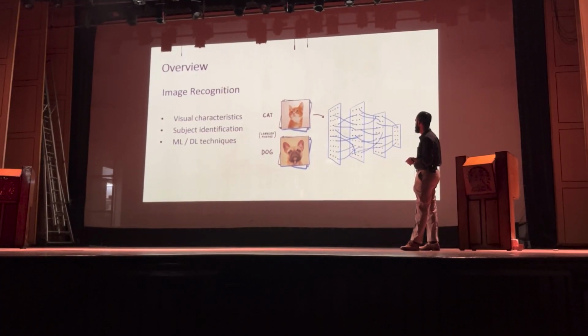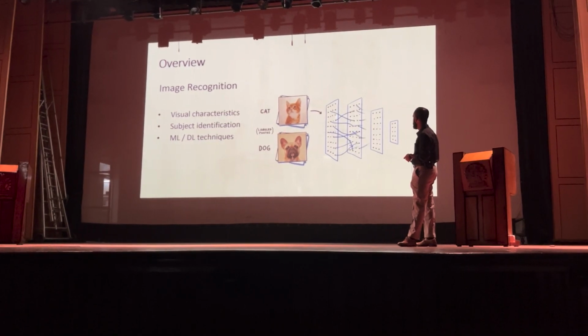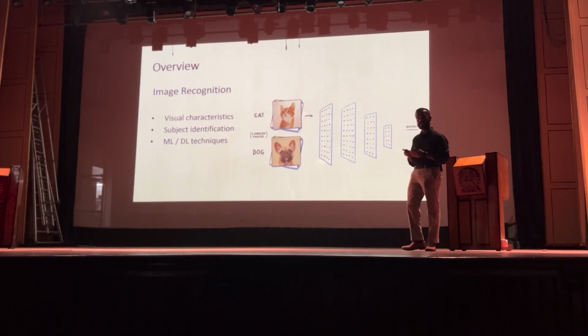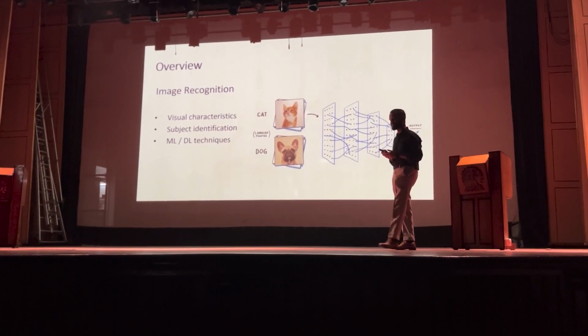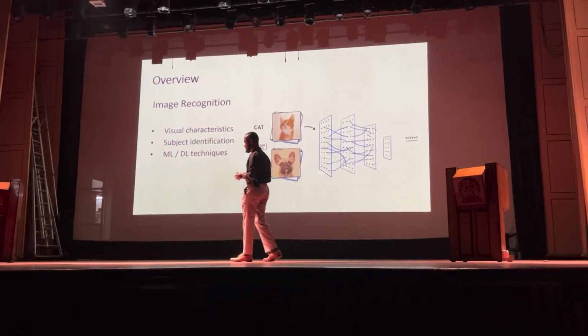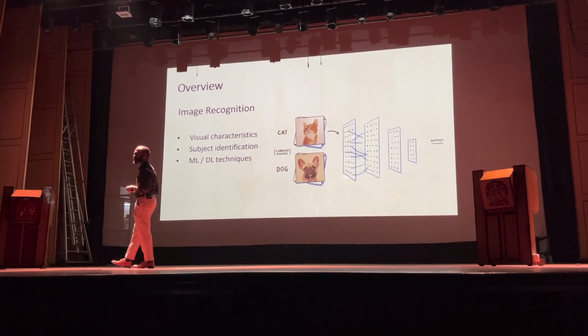So what you can see over here is labeled photos, and you have multiple layers in the neural network itself that learn all of these visual characteristics from the input data that you have, and it learns to predict what is present in that image. Right?